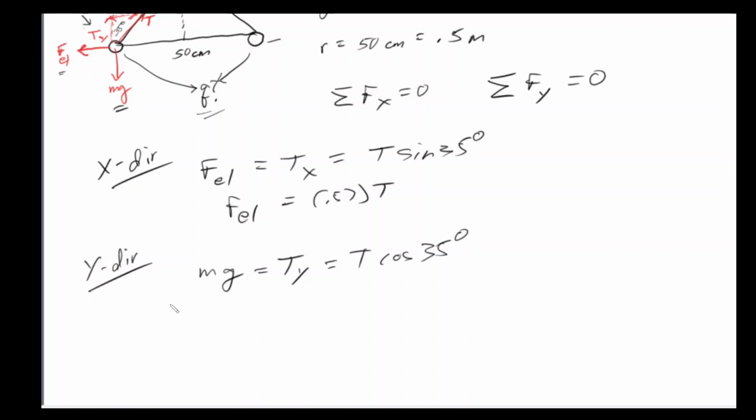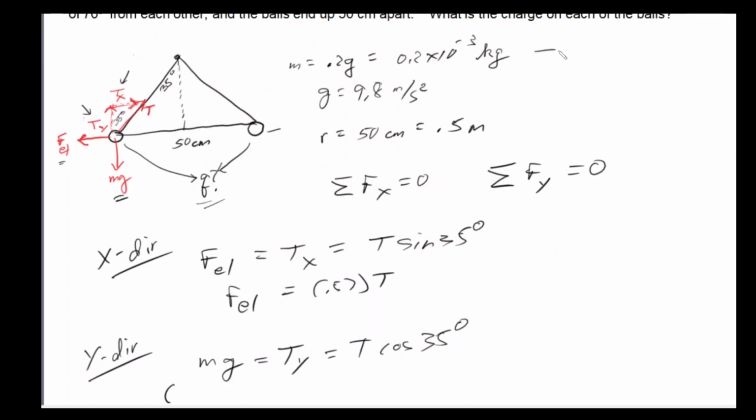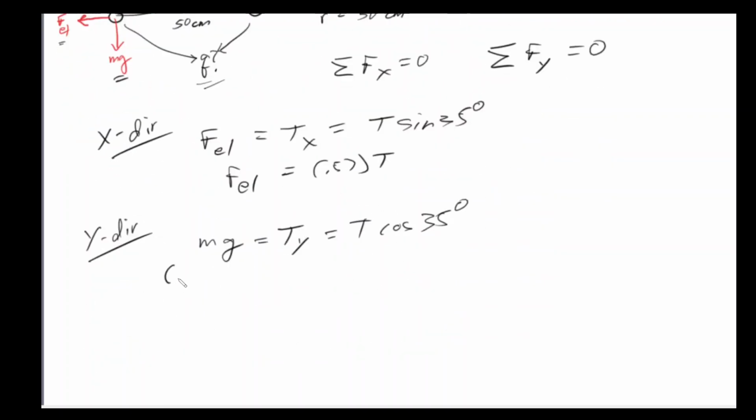And if we put in the numbers, the mass, which is 0.2 times 10 to the minus 3 kilograms, times g, the gravitational acceleration, which is 9.8, has to equal 0.82 times T. Or we get T is equal to 2.4 times 10 to the minus 3 newtons.